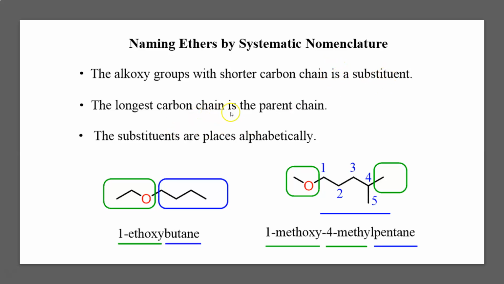The longest carbon chain is the parent chain. The substituents are placed alphabetically. In this case, you have the ethoxybutane, methoxy for methyl, pentane.